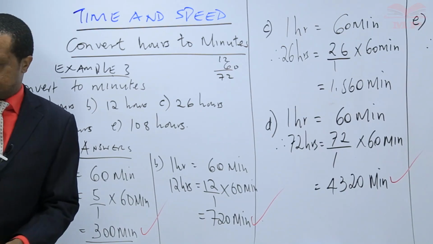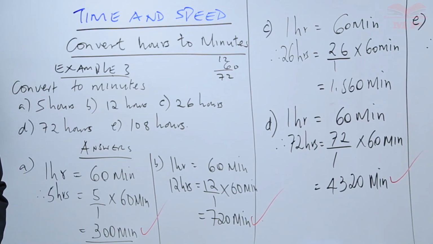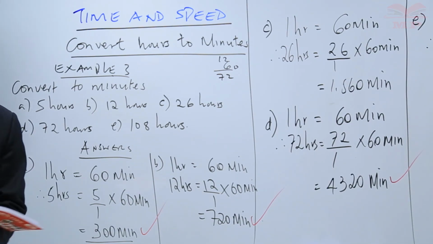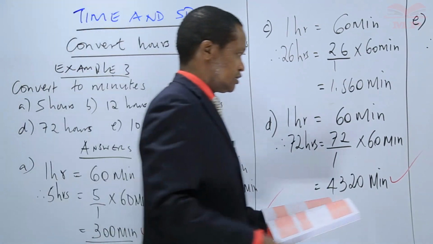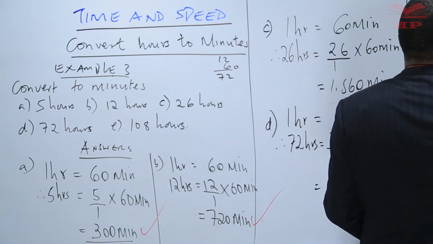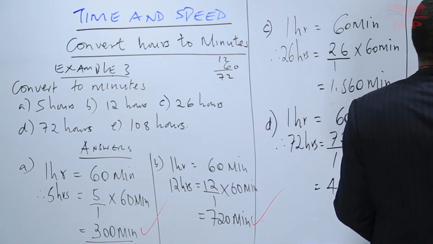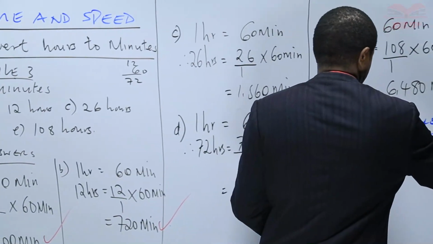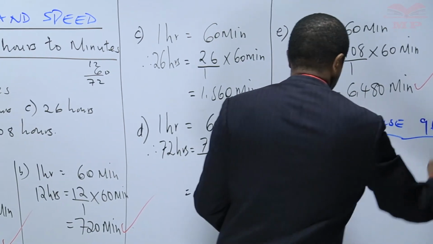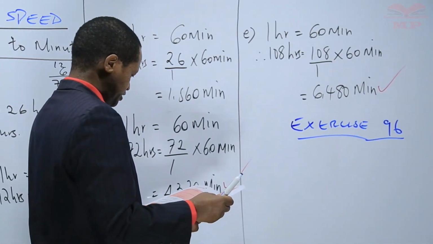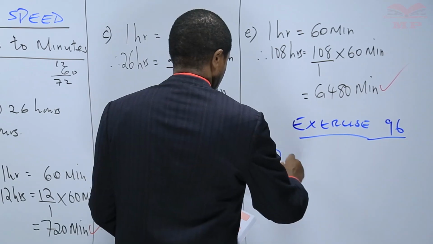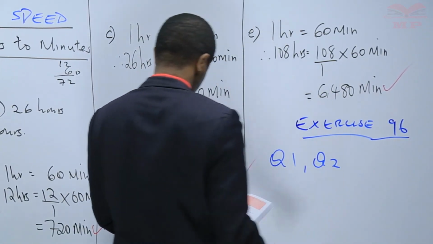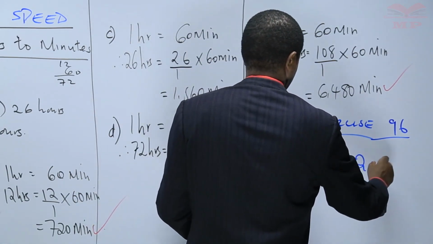So I will give you an exercise from your book. I want you to go to your book and do exercise number 96, question 1, question 2, and question 3.